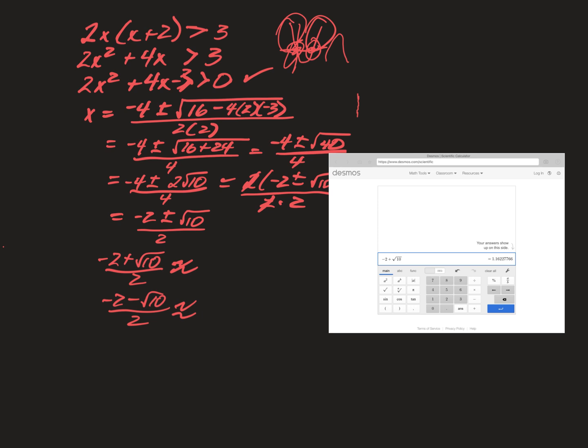All right. Now, the trick here is when I hit divide, notice how it's only dividing the square root of 10. So that's not correct. So I've got to undo this a little bit and ask myself, what's the problem here? So I hit the back button. What's the issue?